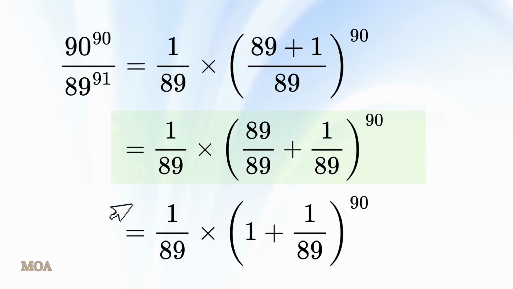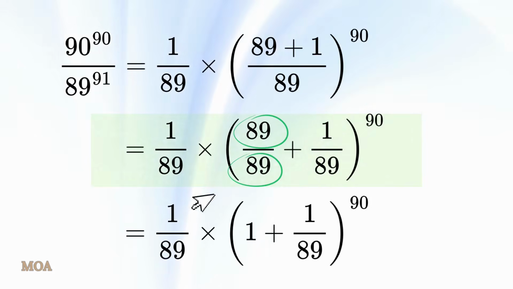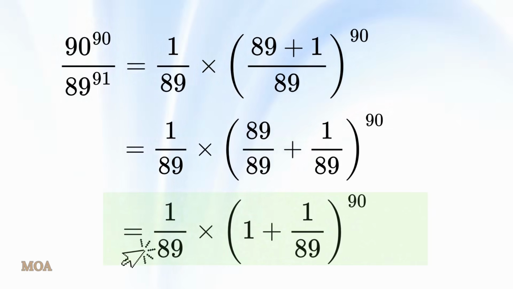Because these terms share the same denominator, we can split the fraction into 89 over 89 plus 1 over 89. Since 89 over 89 simplifies to exactly 1, the ratio expression becomes 1 over 89 multiplied by the quantity 1 plus 1 over 89, all to the power of 90.